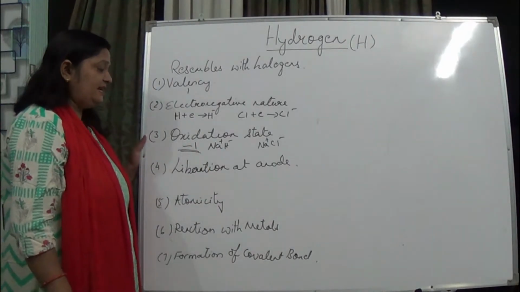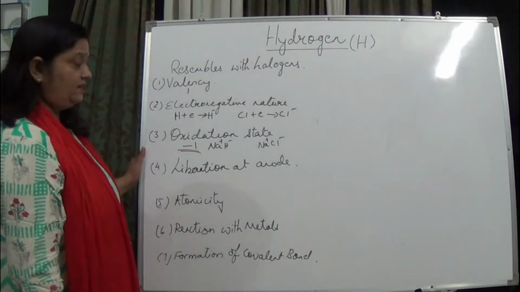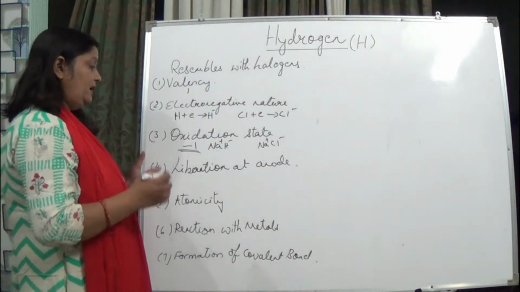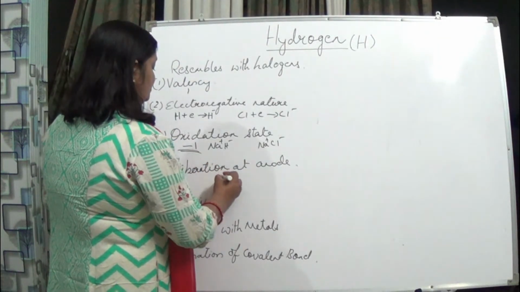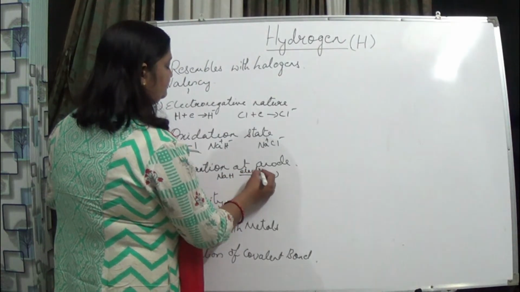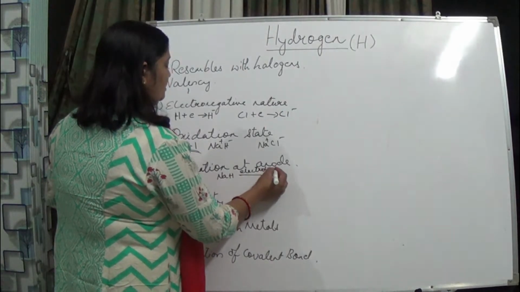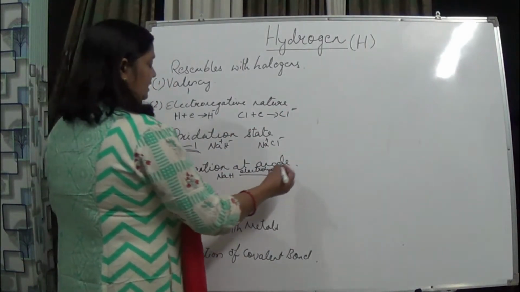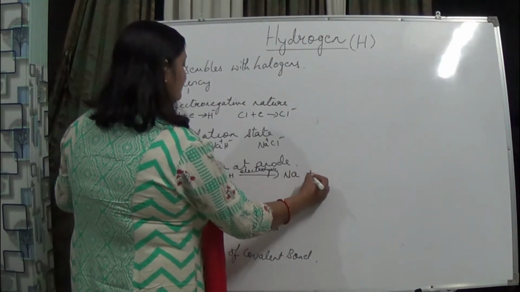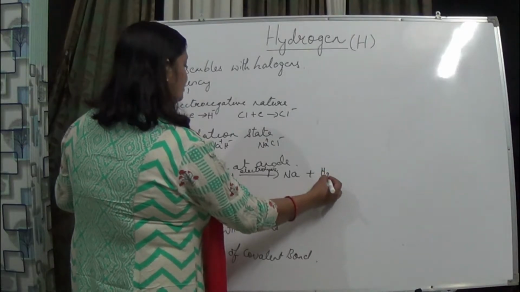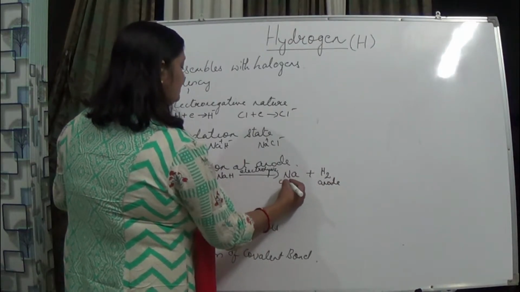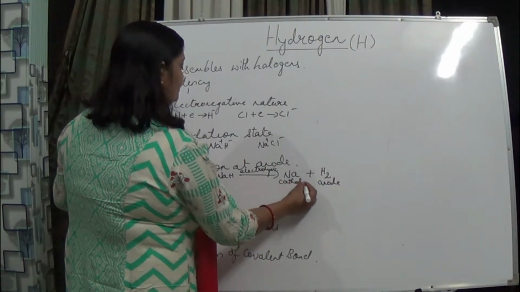Now we see that hydrogen can be liberated at the anode, as halogens are also liberated at the anode. If we take NaH, sodium hydride, in electrolysis, it gives Na plus and H2. This H2 is at the anode and Na is at the cathode.